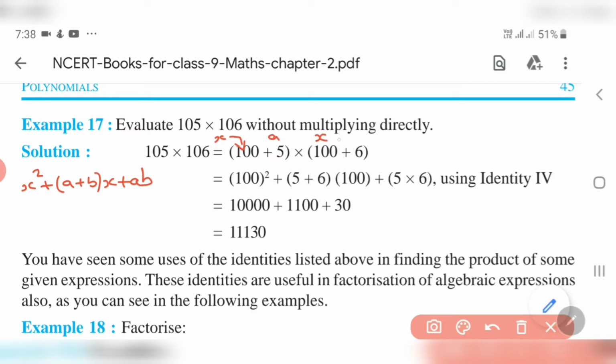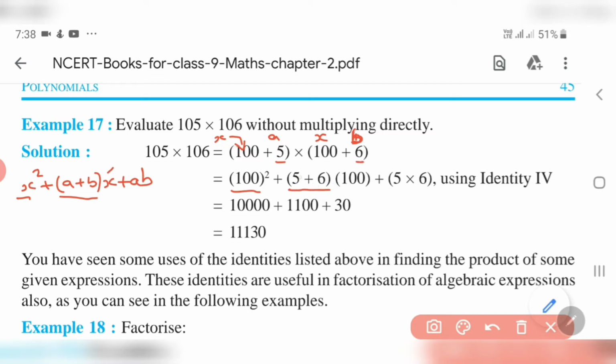Again this 100 is x and b is 6. Now you just substitute, correct? How will we substitute? Check here. In the place of x square you put the value of x, 100 square, plus in the place of a and b you write the value of a, 5, b, 6. So write here 5 plus 6.